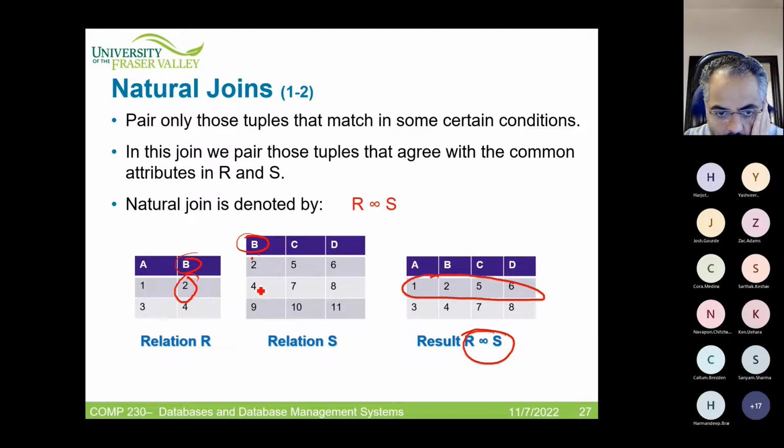Now we will take this with this. Do we have a common attribute here? This is 2 and this is 4. It is not the same value, so we are not going to take it. We will take now this with this. Here we have a 2 and 9, so we are not going to take it.